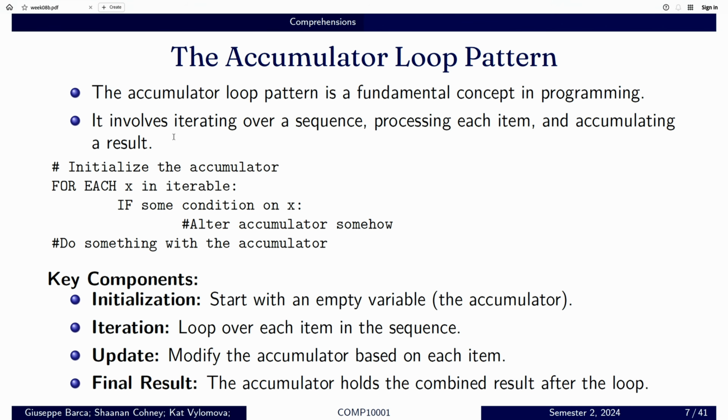This could be an empty list, for example, or if we are accumulating integer values, it could be simply a number which is initialized to 0, as we have done many times, or an empty string, etc. It depends on what you're accumulating, right?